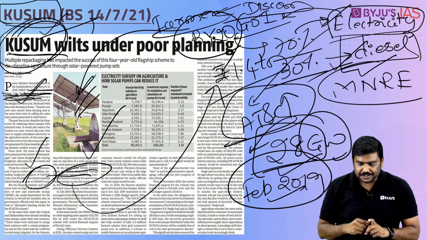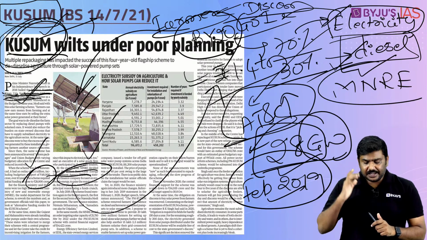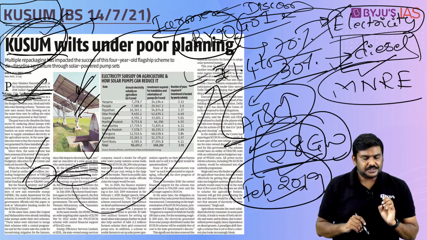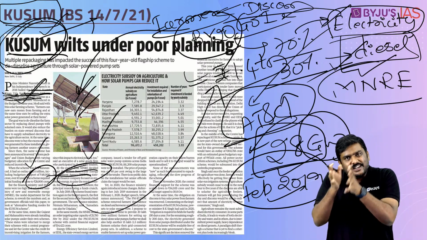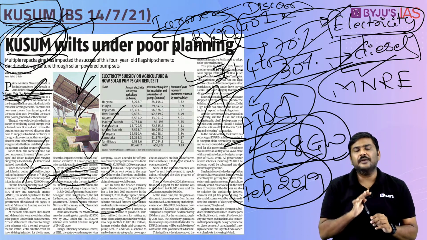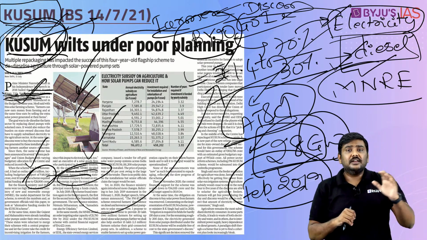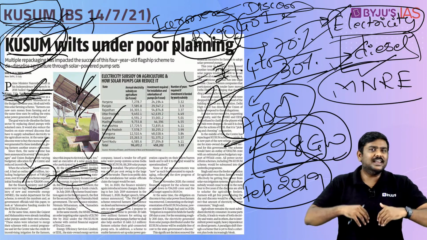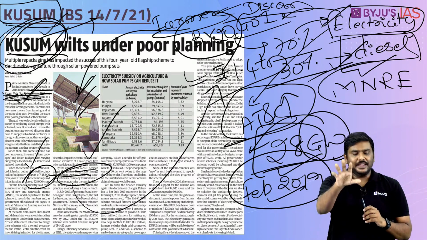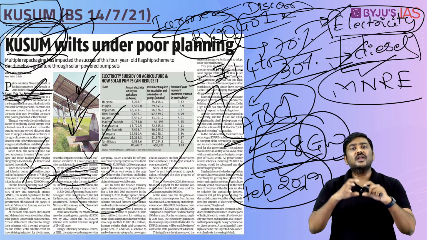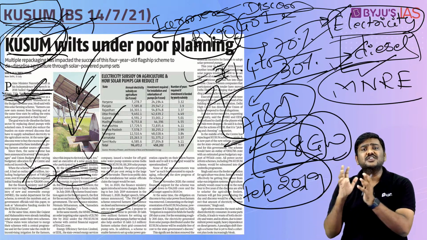Now in addition to this, another point that you need to understand is, it's not just that the central government has announced such a scheme. Even before central government, there were many states which had announced the same type of scheme, where they were installing solar equipment which could be used for irrigation purposes.